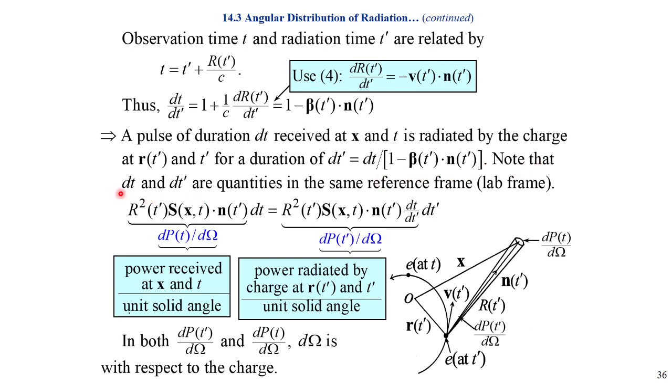Note that dt and dt prime are quantities in the same reference frame. So you can write r squared, that's the Poynting vector in the direction of n prime, times this one. That's in the left frame, and this is r squared times dt. Once again, be careful. We have these terms.